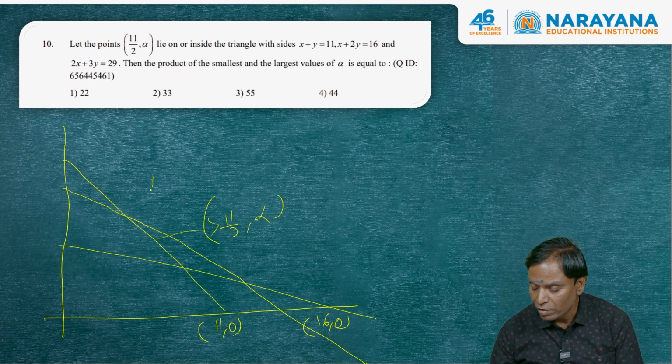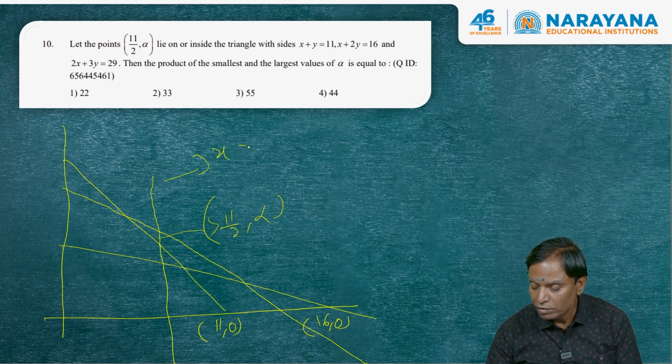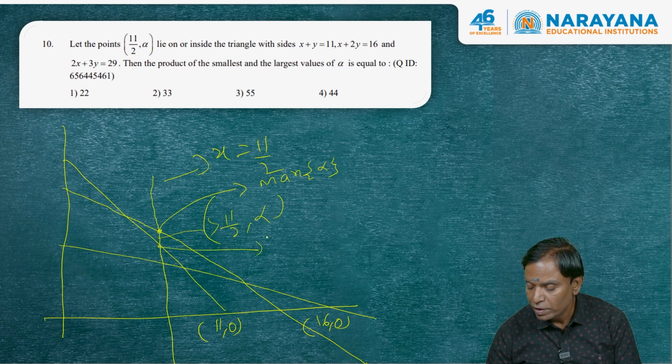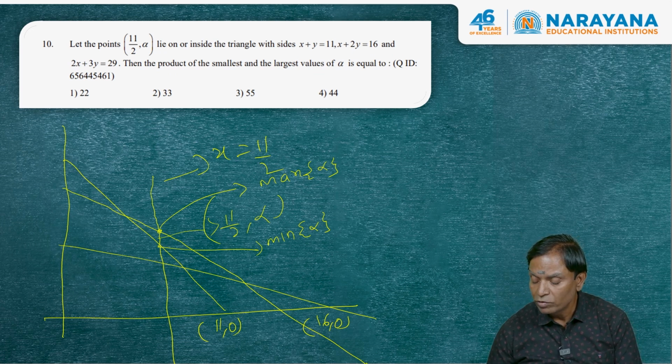Now from here draw a line parallel to the y-axis. So this is x is equal to 11 by 2. So this will be the maximum value of alpha. This will be the minimum value of alpha. You can put x is equal to 11 by 2 in those lines.